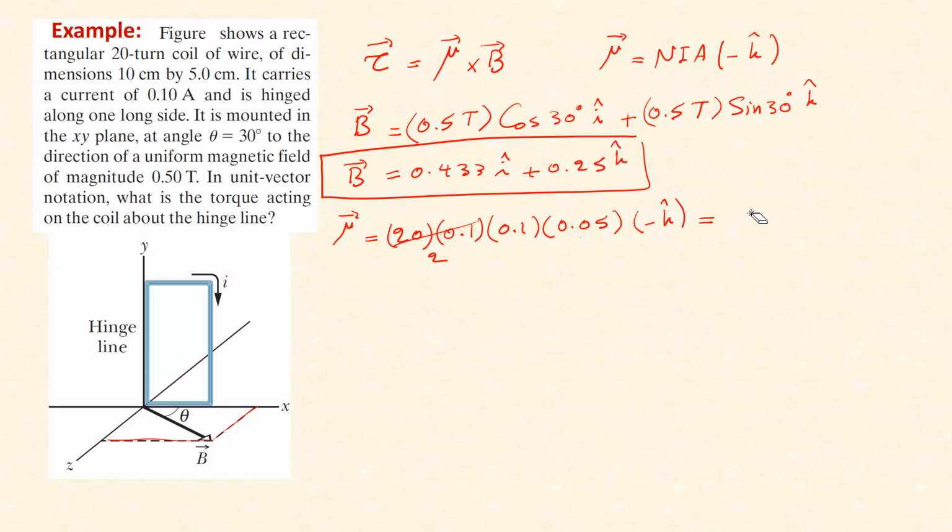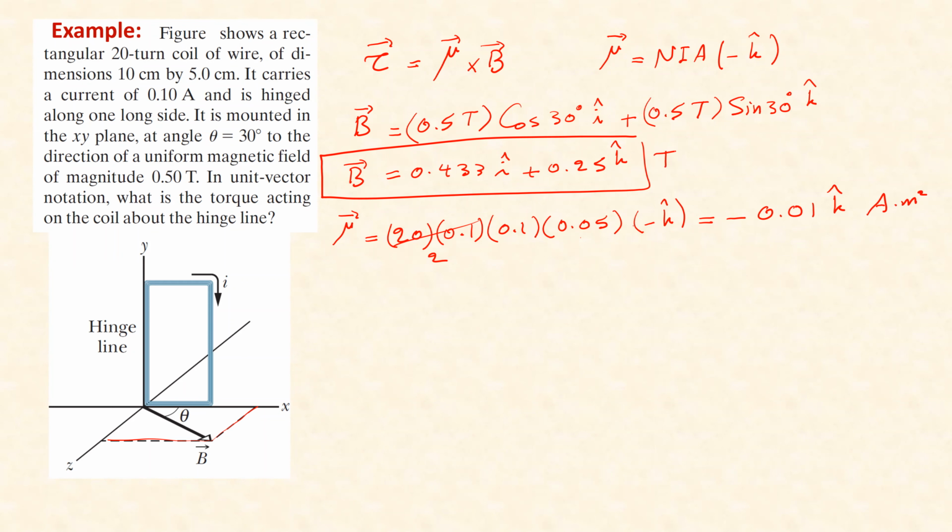Let me write more neatly. Negative 0.01 k hat. All in SI unit, amps meter square. And this is in Tesla.